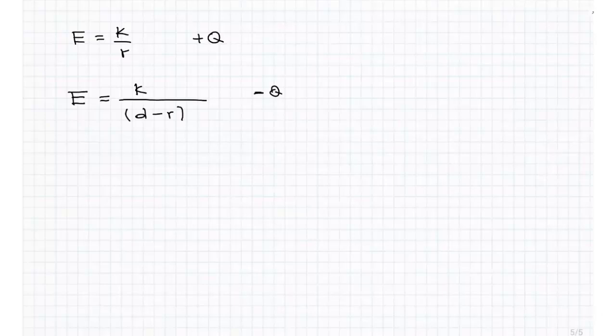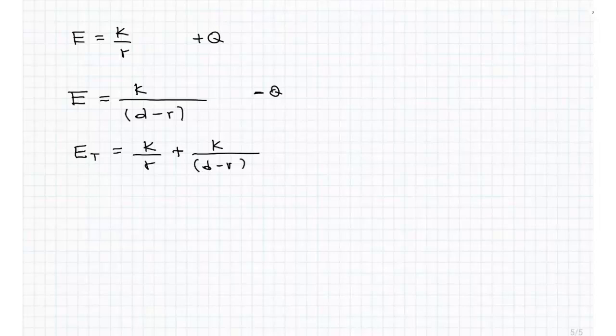So the total field is the superposition of the two fields, right? So I will write E total as K divided by r plus K divided by d minus r.